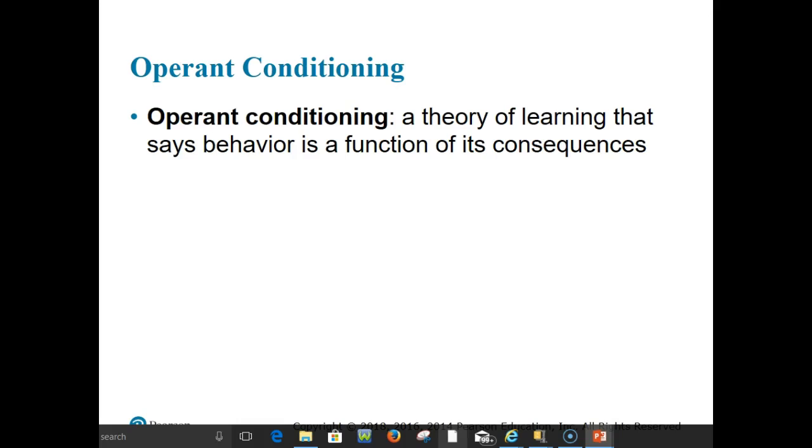The tendency to repeat learned behavior is influenced by reinforcement or a lack of reinforcement that happens as a result of the behavior. Reinforcement strengthens a behavior and increases the likelihood that it will be repeated. The lack of reinforcement weakens a behavior and lessens the likelihood that it will be repeated. So remember, operant conditioning is a theory of learning that says behavior is a function of its consequences.